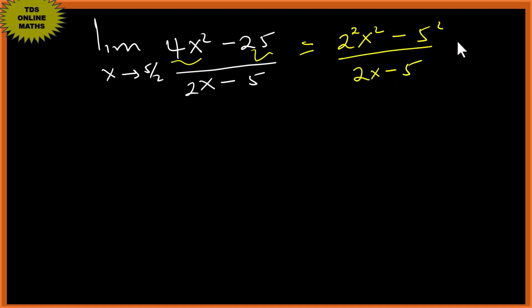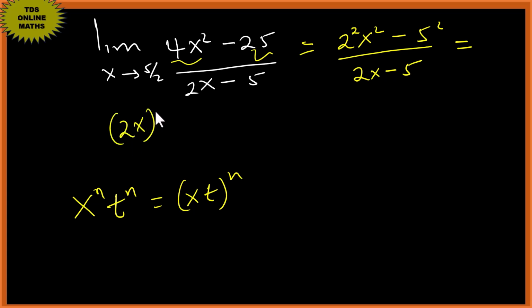Now, in case we're given x raised to n times t raised to n, that is the same as (xt) all raised to n. So I can say (2x) all raised to 2, minus 5 squared, on 2x minus 5.